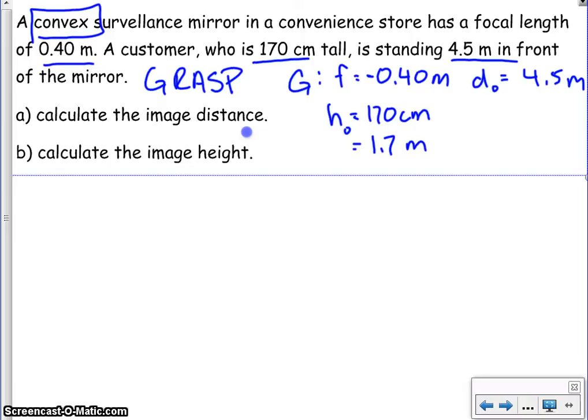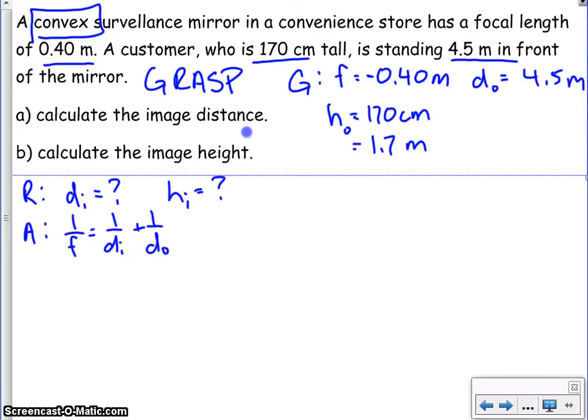So we're going to go straight to what is required. What's required is the image distance, which is di. What else is required? The image height, which is hi. In terms of our analysis, we're going to use our equations. We're going to use the curved mirror equation, which is 1 over di plus 1 over do equals 1 over f.